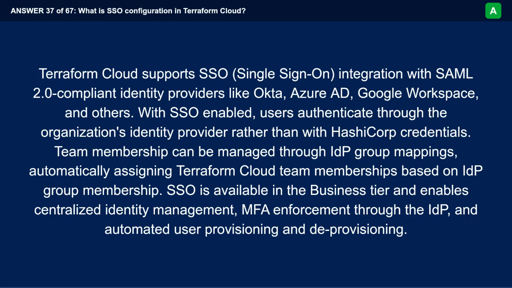Team membership can be managed through IDP group mappings, automatically assigning Terraform Cloud team memberships based on IDP group membership. SSO is available in the Business tier and enables centralized identity management, MFA enforcement through the IDP, and automated user provisioning and deprovisioning.